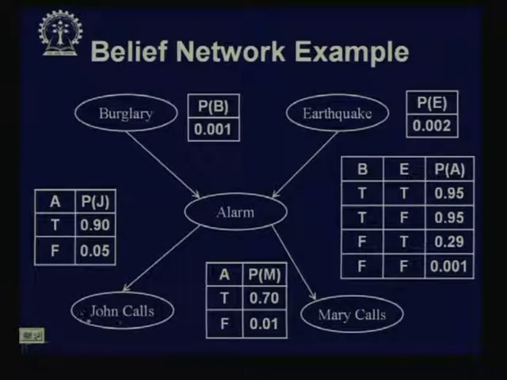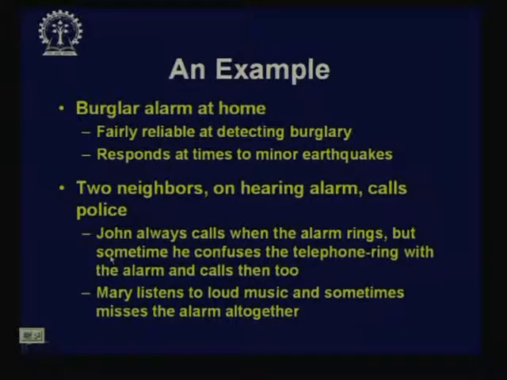So in the belief network, corresponding to the node John calls, I am giving a probability table with a list of probabilities of John calling for every possible value of the alarm. The alarm may ring, that is true. In that case, John calls is 0.9, and if this is false, it is 0.05. See here, these conditional probabilities may not add to 1. Now, with this definition, let us come to this example.